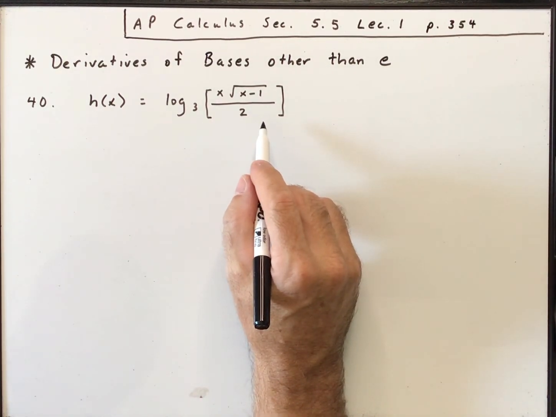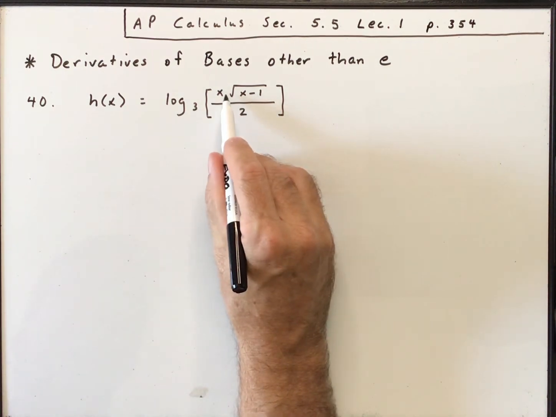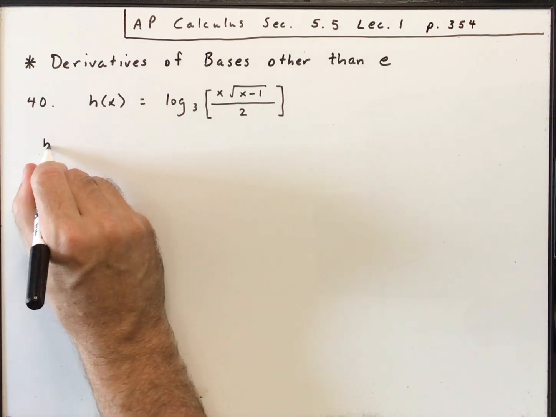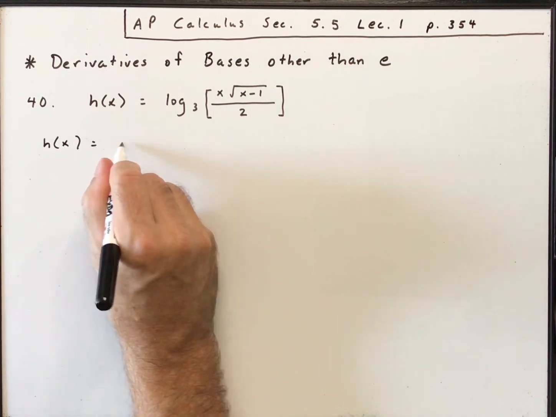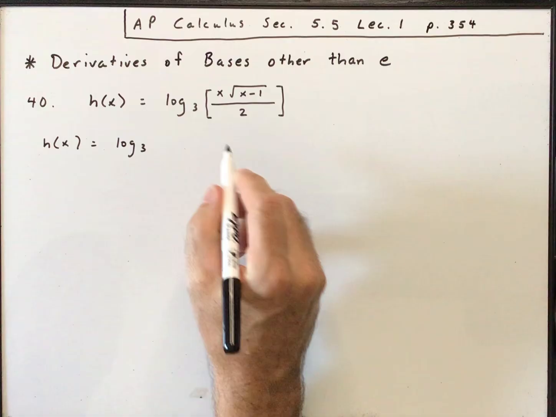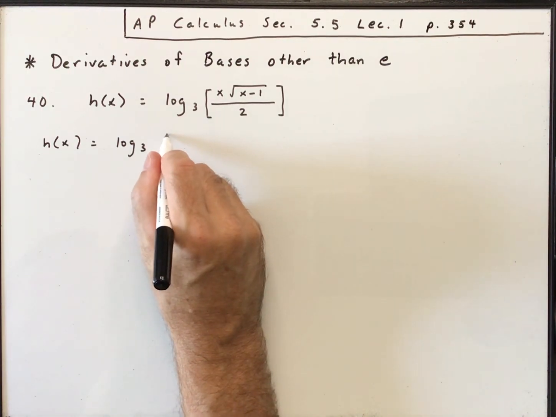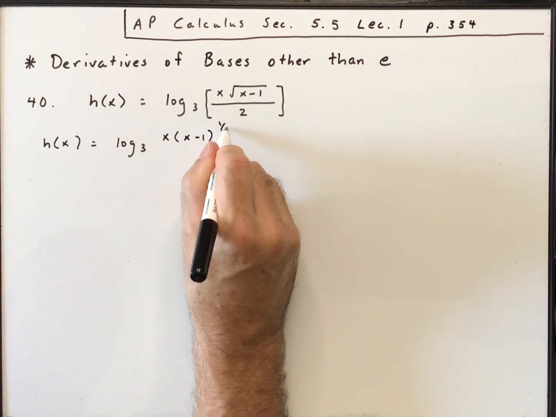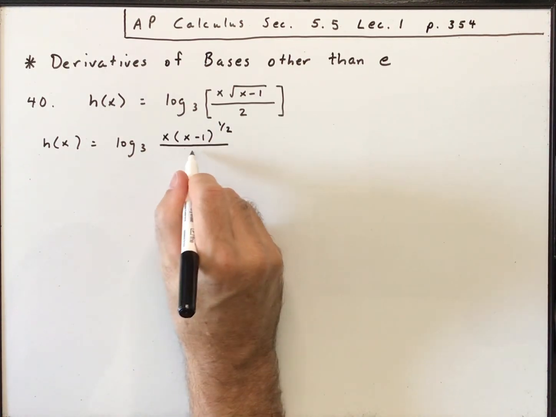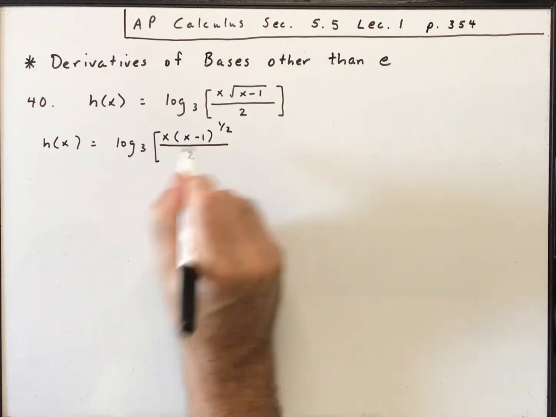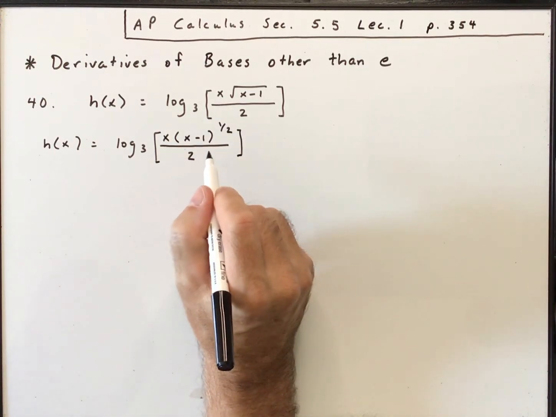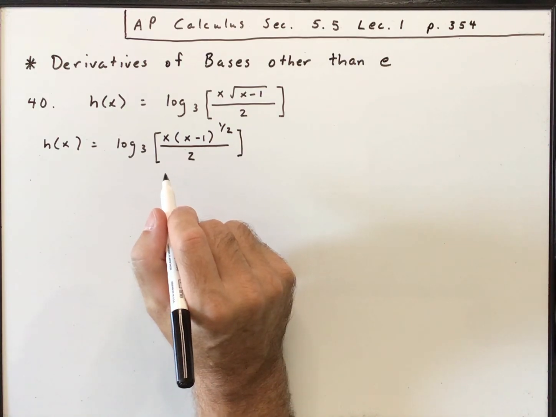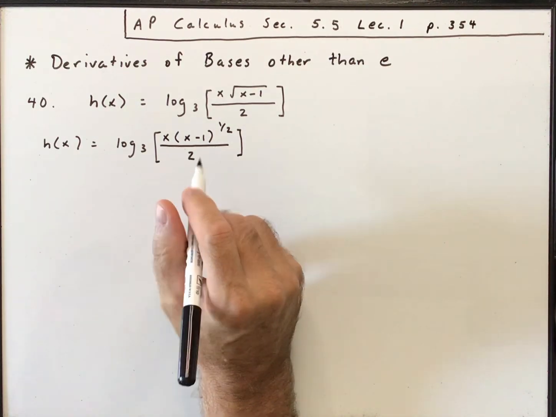So the first thing that we want to do, I think, is rewrite this radical as to the 1/2 power since we're working with logs. So h of x is equal to log base 3 of x times x minus 1 to the 1/2 power over 2. So I did that even before going through the simplification process.